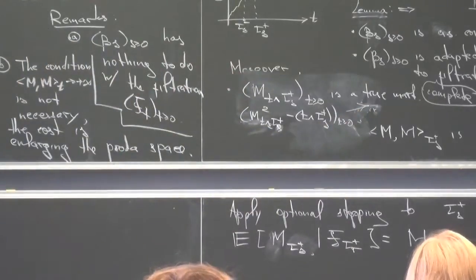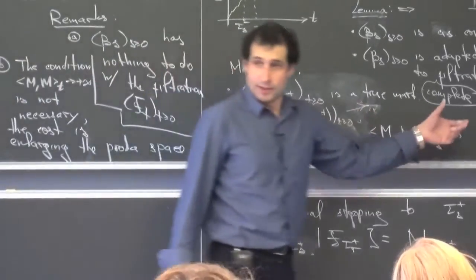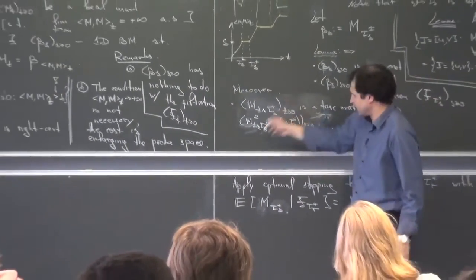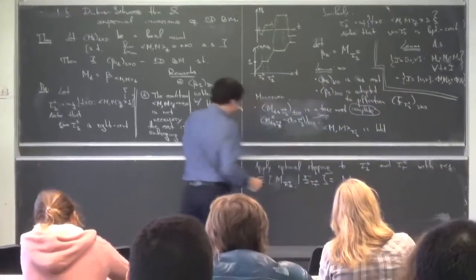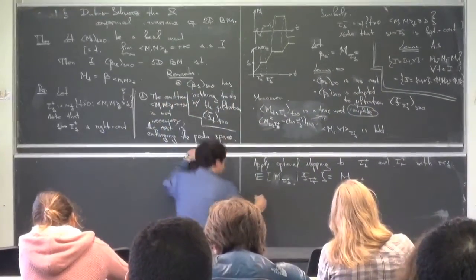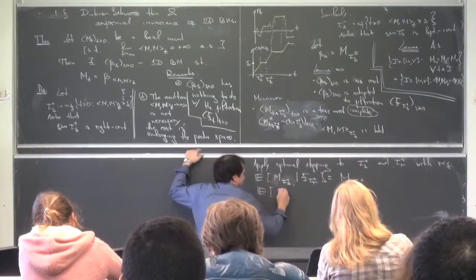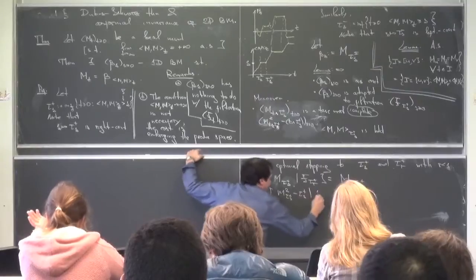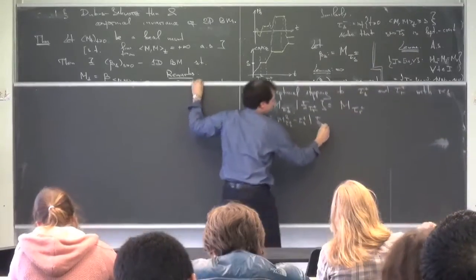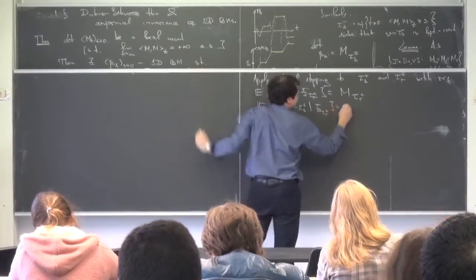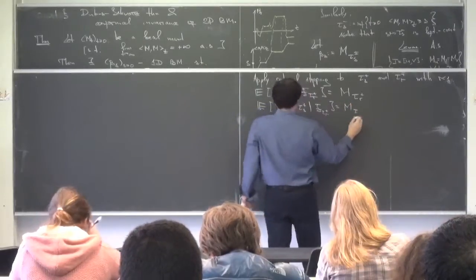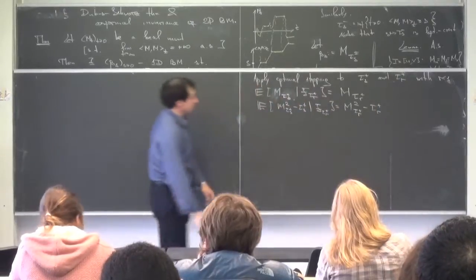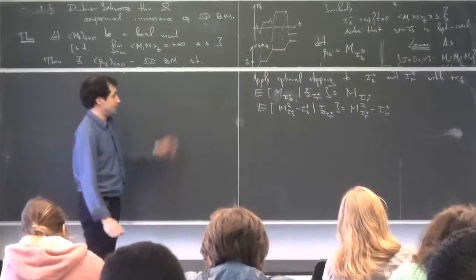Because if we know that the quadratic variation is bounded, then we can apply optional stopping to the second one too.